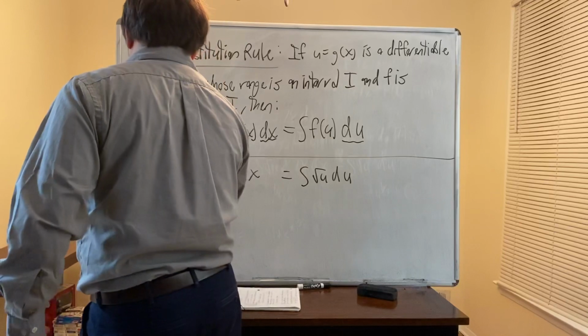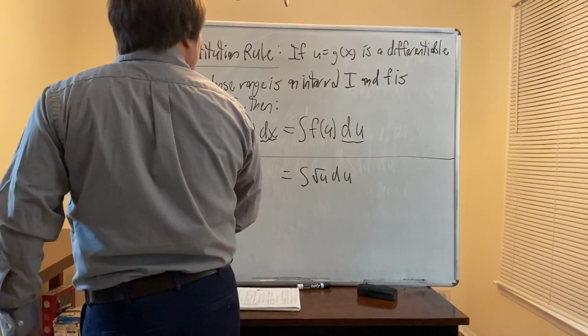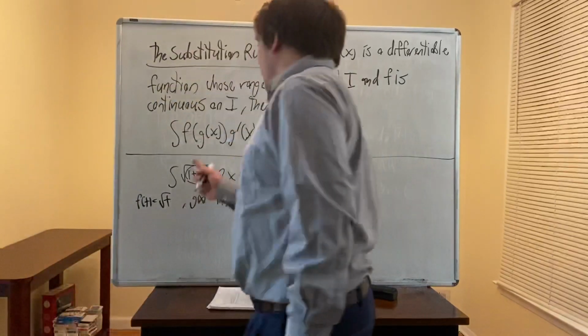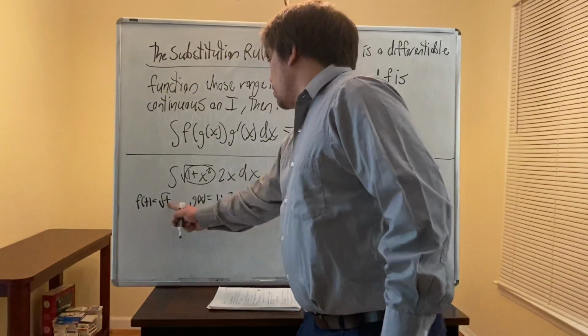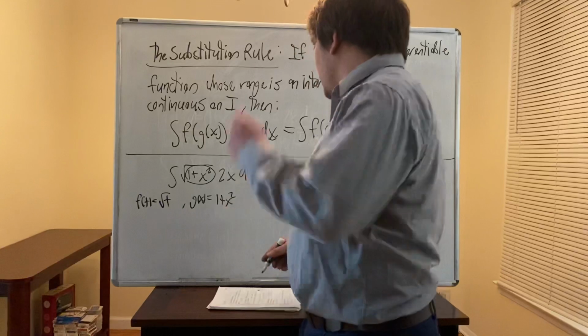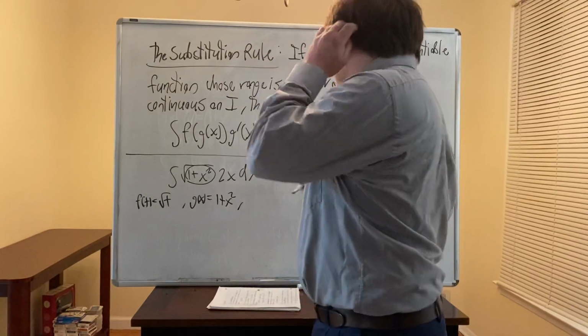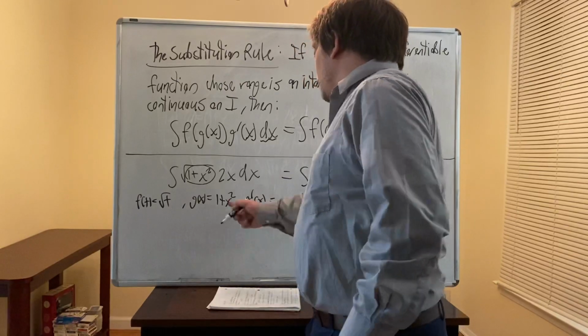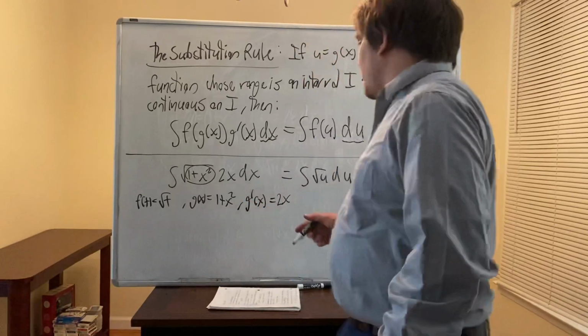The f function was the square root of t. And so f of g of x would be the square root of 1 plus x squared. g prime of x is equal to 2x, and you have dx.